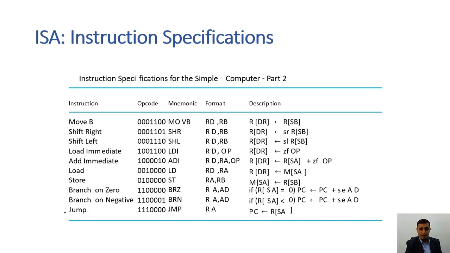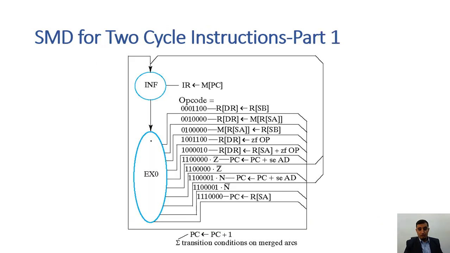The second part will include move B, shift right, shift left, load immediate, add immediate, load store, branch on 0, branch on negative, and jump. This is shown over here. It's the same idea. The only differences may happen somewhere around here, where we have the jump instruction and the branch instruction, with options of changing the values of the program counter.